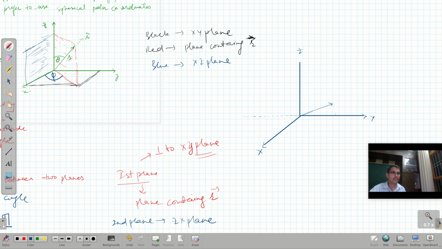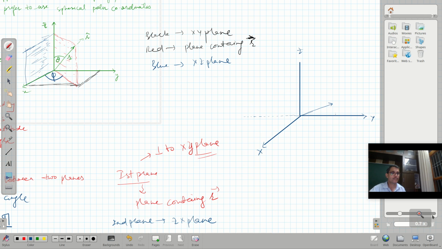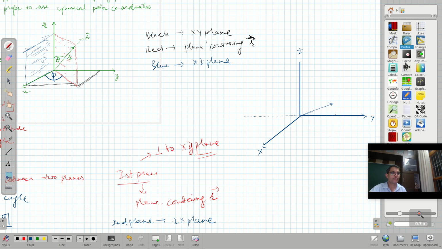Let us do one thing. So that means this is my radial vector, and I rotated this radial vector like this, and I got a sphere.